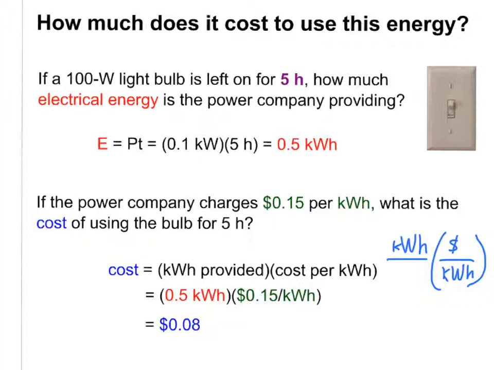If we multiply those together, the kilowatt hours cancel out, and we are left with only the amount of money that we're being charged. So here we have our energy, 0.5 kilowatt hours. Multiply that by 15 cents per kilowatt hour, and we get 8 cents that we just spent to run that light bulb for 5 hours.